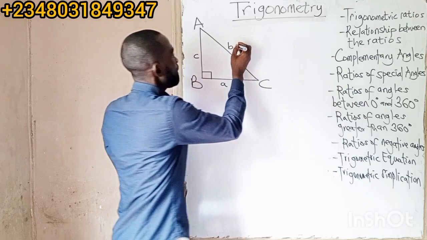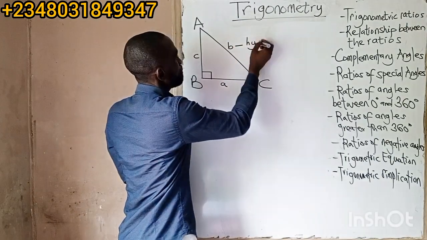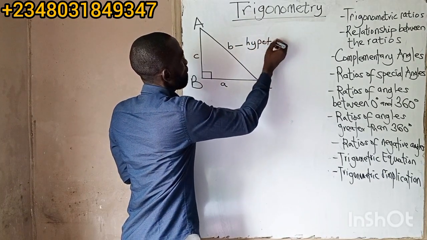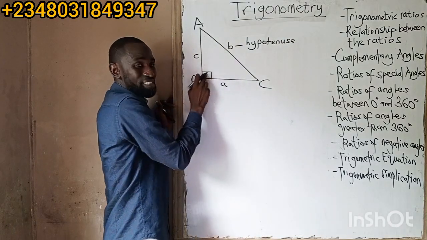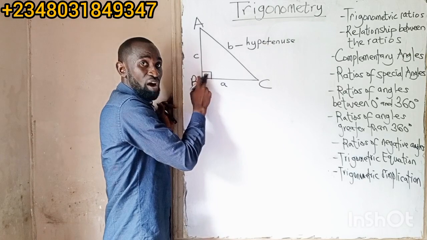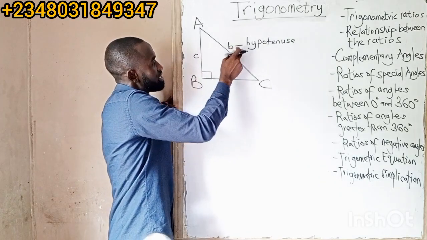Why is it the hypotenuse? Because it is facing angle 90. This symbol, this box, is the symbol for angle 90. So this place here is the hypotenuse.